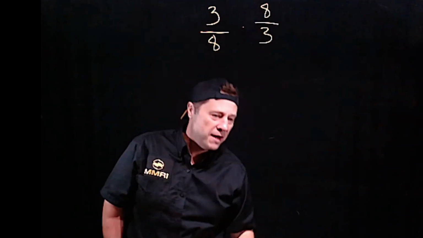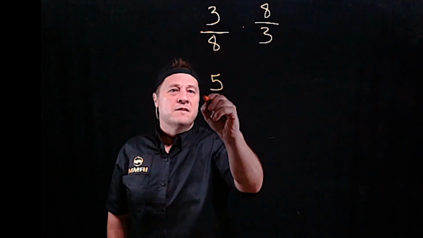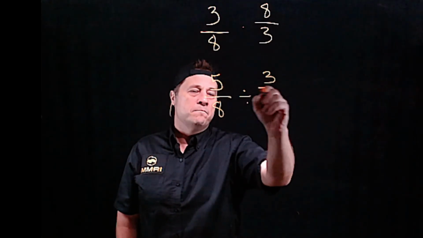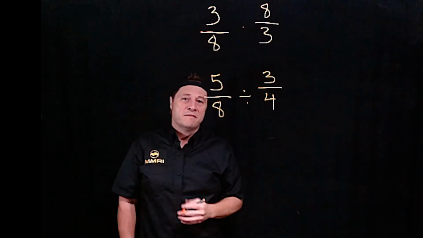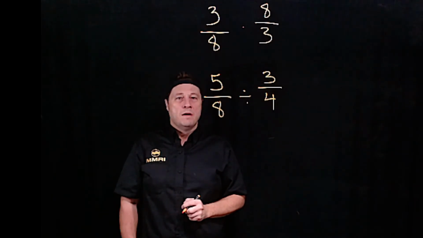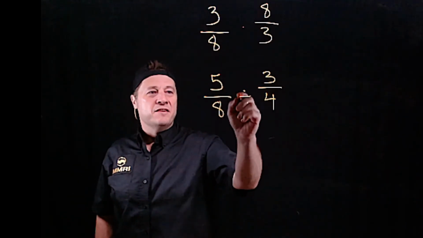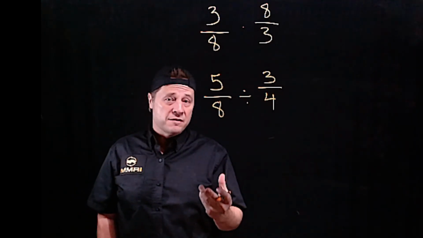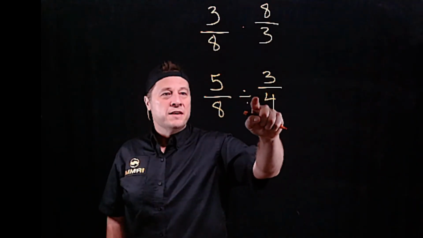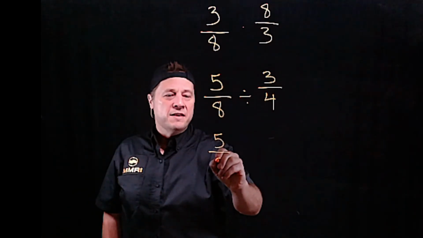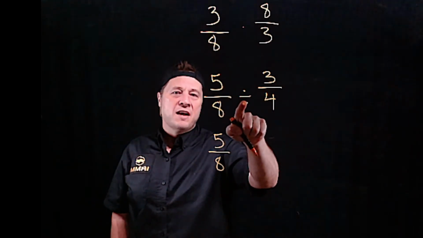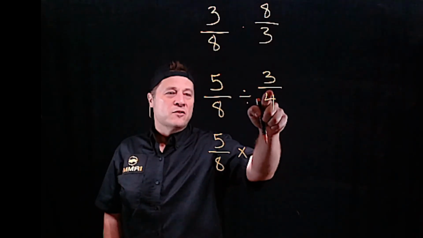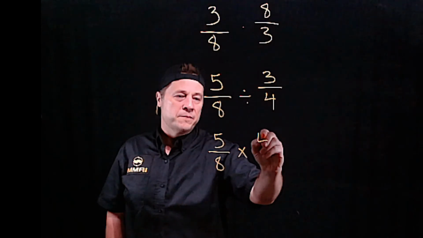Okay? So if I had this example, if I had 5/8 and I wanted to divide by 3/4, 5/8 divided by 3/4. Well, what I'm saying is 5 divided by 8 divided by 3 divided by 4. To solve this easily, what we do is we take the 5/8, rewrite it, change the sign from division to multiplication, and then write the reciprocal of 3/4.